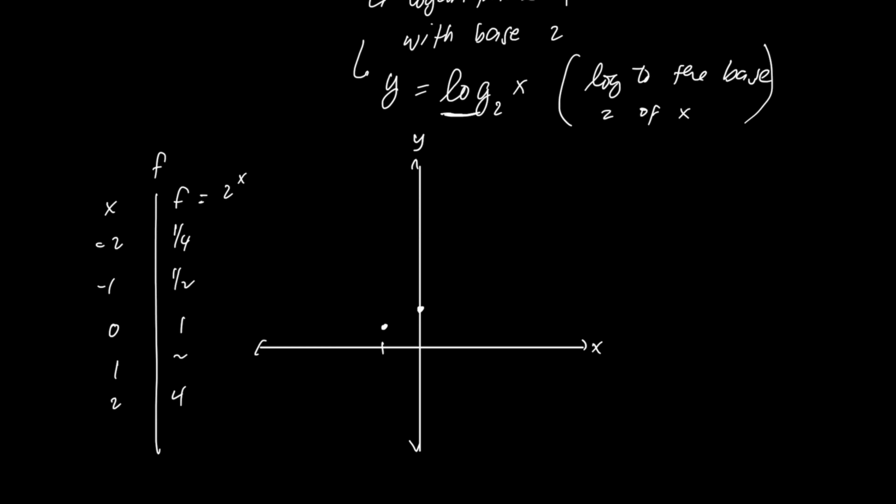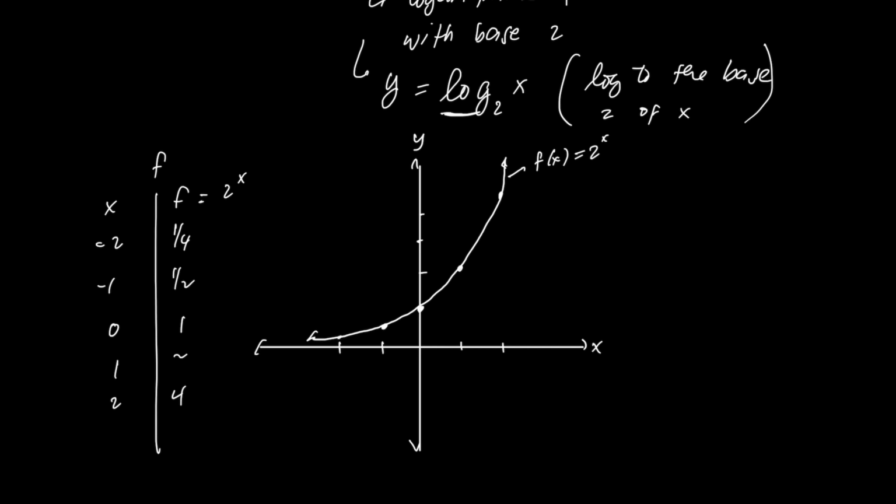And then negative 2, 1/4. And then 1, 2. And then 2, 4. Connect the points again. And this is our f of x equals 2 to the x.